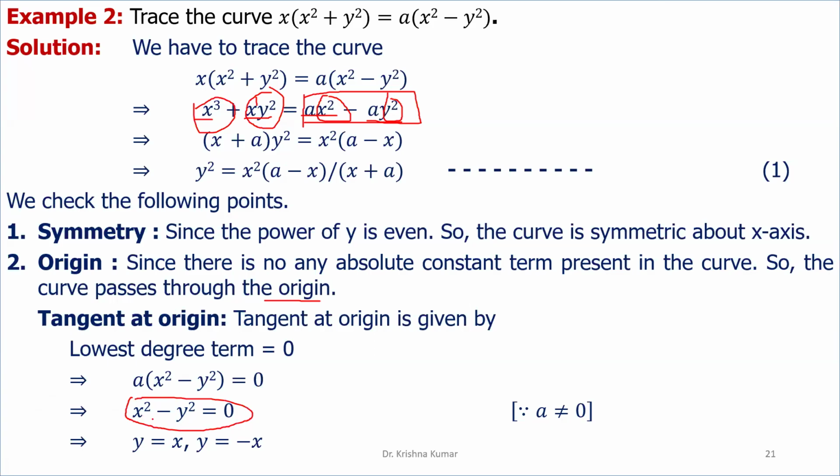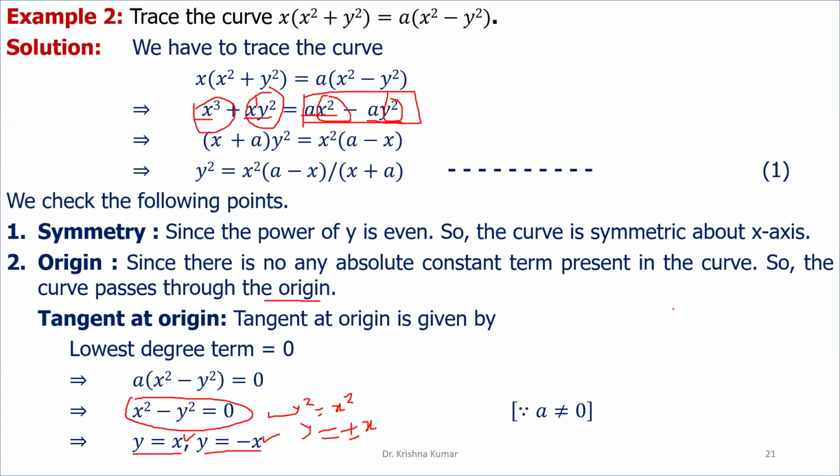So y square is equal to x square. If we take the square root of both sides, y is equal to plus minus x, or y equal to x, and y equal to minus x. So at origin, there are two tangents. One is y equal to x and another is y equal to minus x.